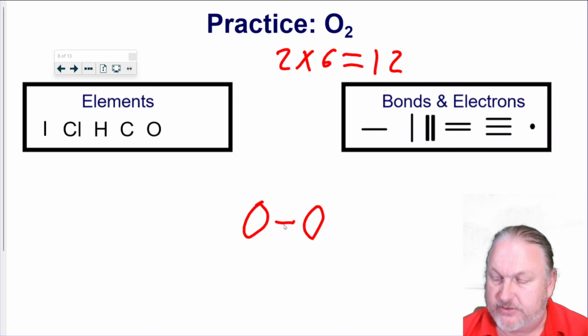There's 2 electrons. Let's start filling those up. 2, 4, 6, 8, 10, 12.